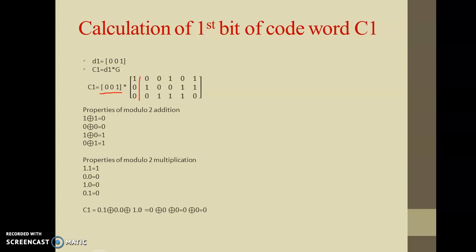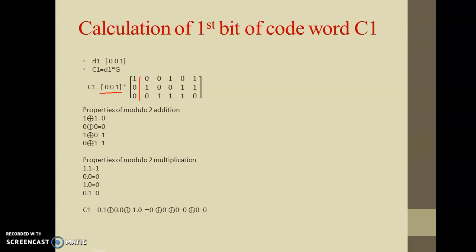We multiply D1 with the first column of G as highlighted over here. While multiplying, we are not going to use normal arithmetic rules. We are going to use modulo 2 arithmetic, that is modulo 2 addition and modulo 2 multiplication.